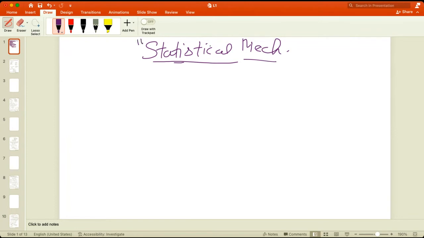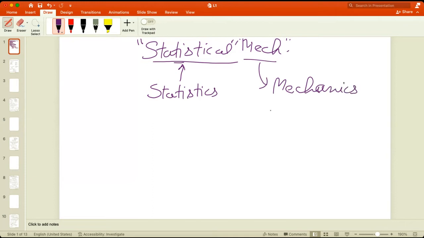First you must understand that this title has two different names. One is statistical, which essentially comes from the term statistics, and this mechanical or mechanics is coming from mechanics, more correctly I would say system dynamics.